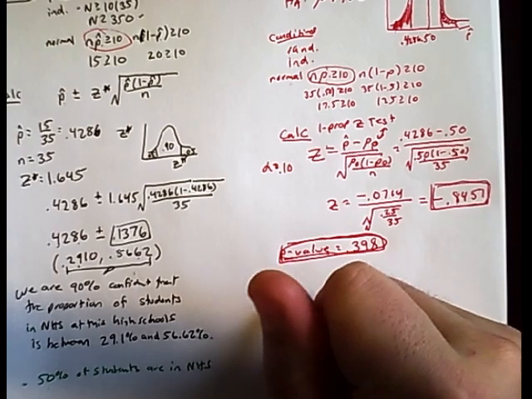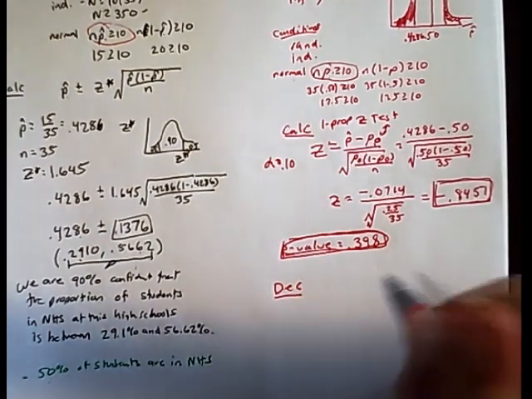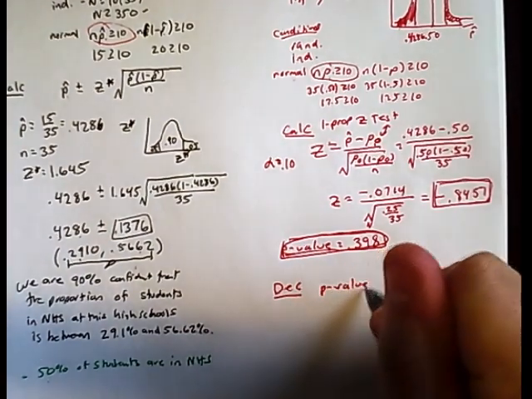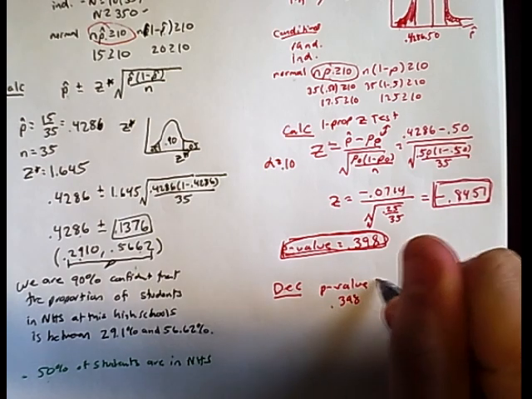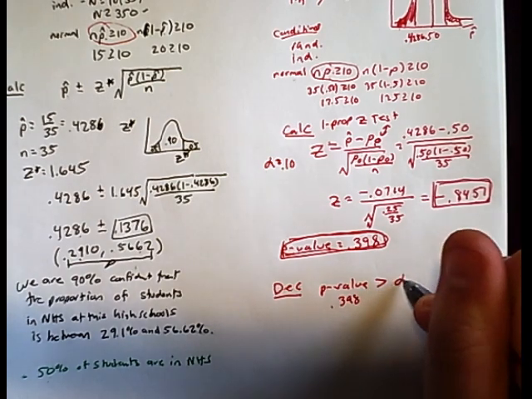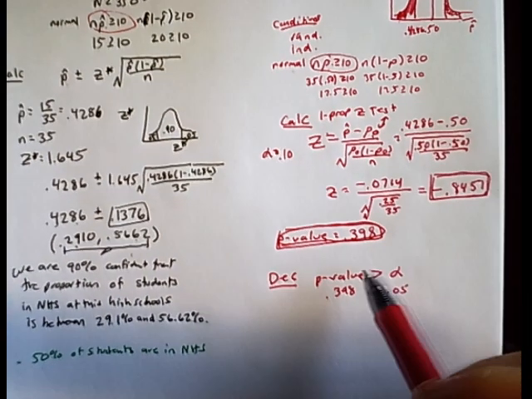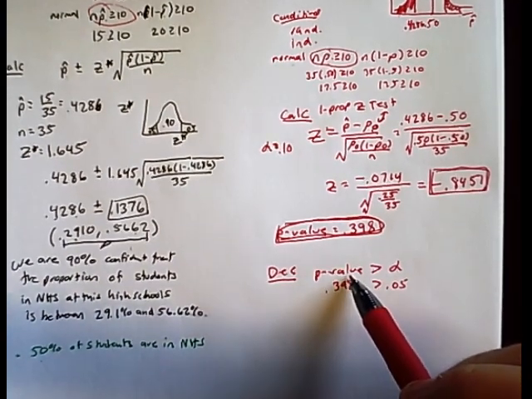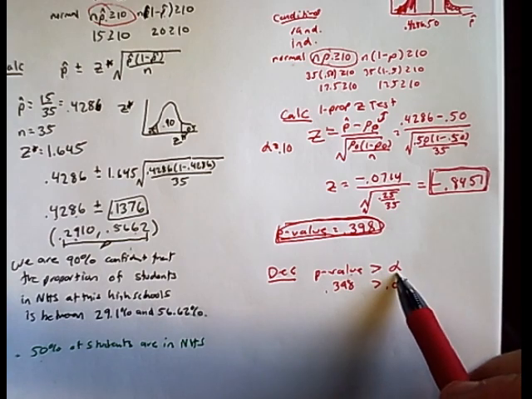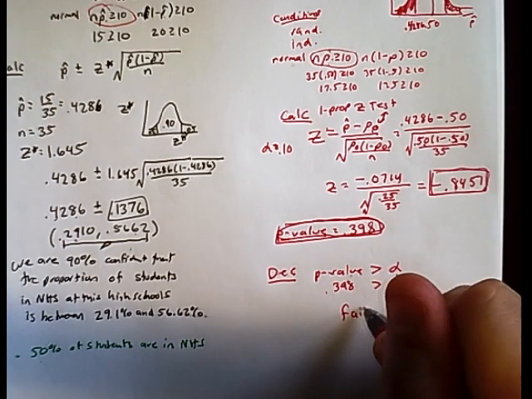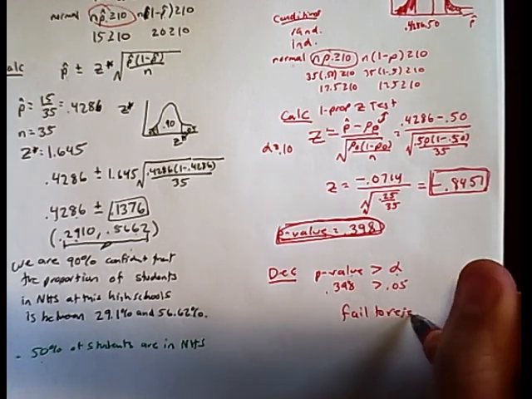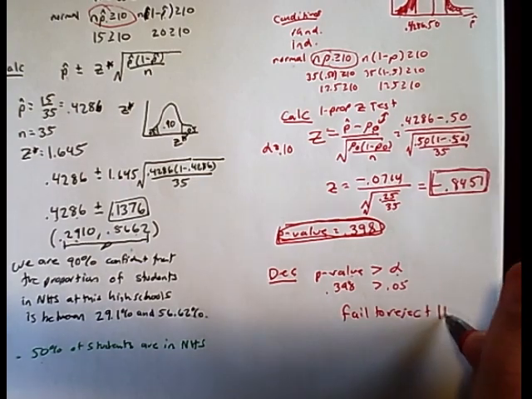Now, when we get to our decision here, our p-value is 0.398. That is greater than our alpha, which is 0.05. So our saying is, when p is low, reject the H0. Well, the p is not low compared to the alpha. So I'm going to fail to reject H0.